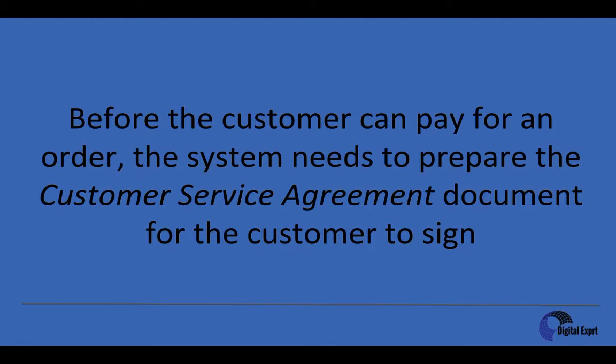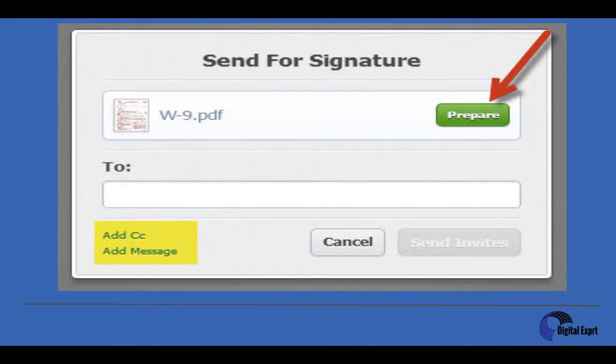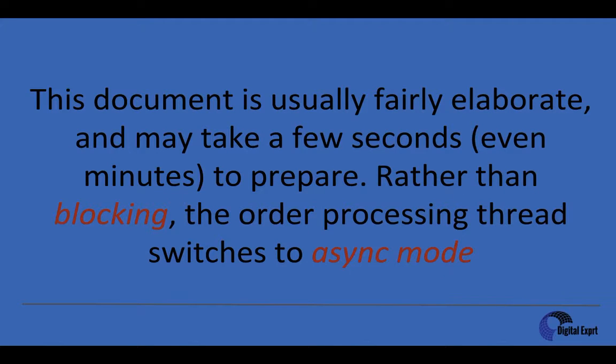And this thing needs to be prepared, sent for signature, and could be fairly elaborate sometimes, depending on what the store is offering and what the customer is buying. And to prepare that document may actually take a few seconds, sometimes even a few minutes.